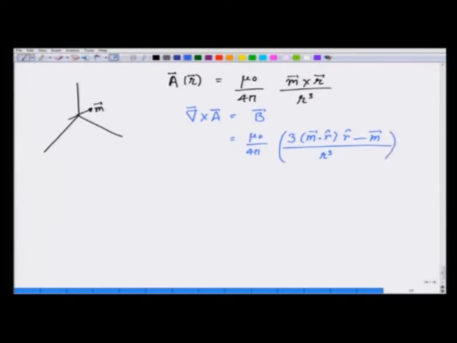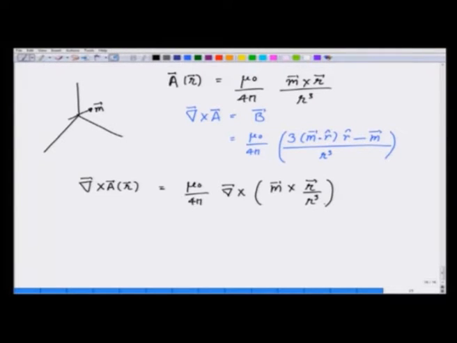Curl of A gives me this, I am done. So, let us do that. When I take curl of A, it gives me mu 0 over 4 pi, curl of m cross product r over r cubed.